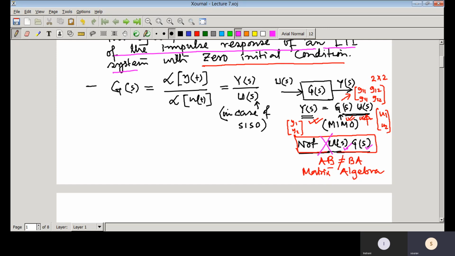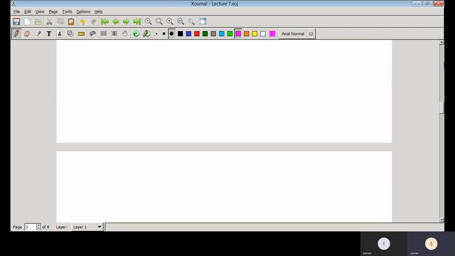So that's why, whenever you represent a dynamical system in the transfer function framework, you should be careful about the dimension of the transfer function as well as the input output variables. So these are some important features of the transfer function.